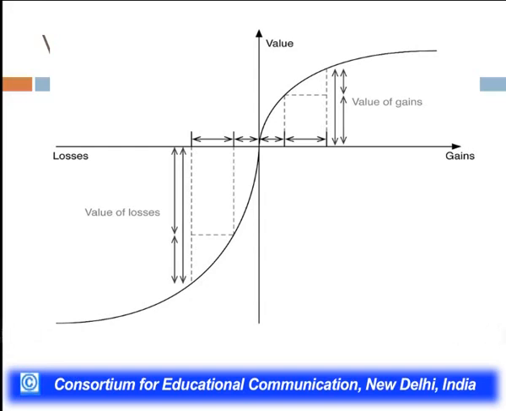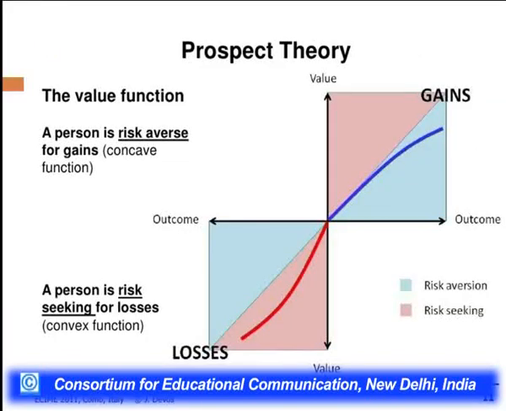As I have already explained, the prospect theory utility curve is an S-shaped curve, and in the quadrant where we have gains and value together, we can see that this is a concave curve where we are gaining, and this curve becomes convex when we are into losses.